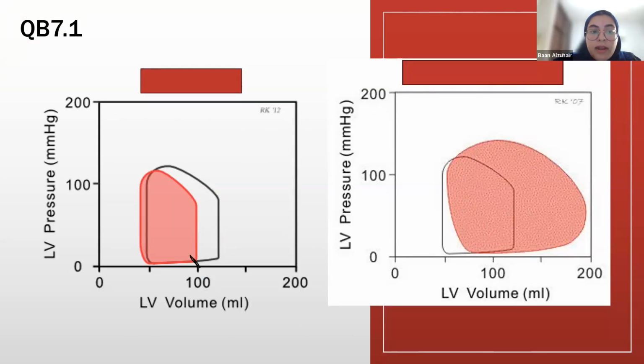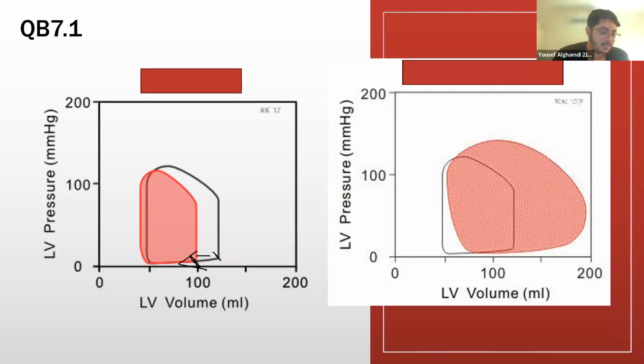The black line is the normal one and the red is the abnormal one. This point is EDV, and it's way back. EDV is less. So in what valve abnormality is EDV way less? Not much volume is going from the atria to the ventricle. The ventricle is not filling enough. When would that happen?